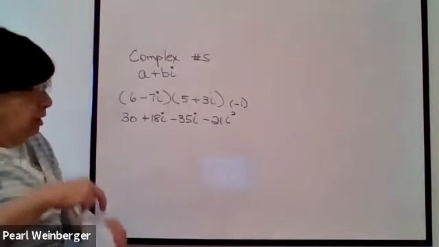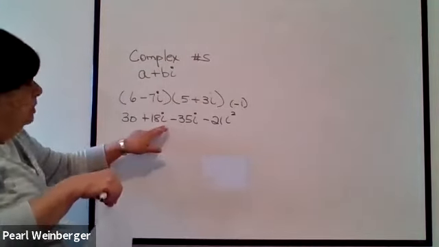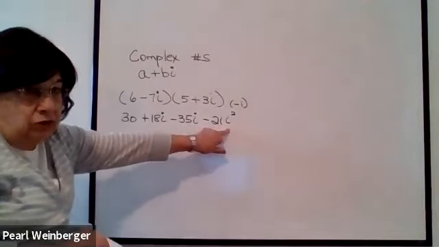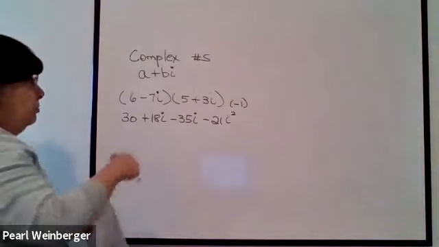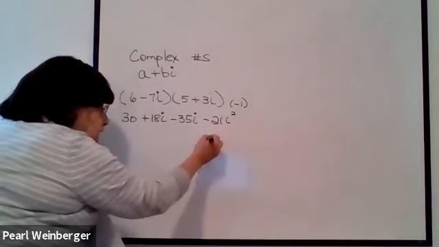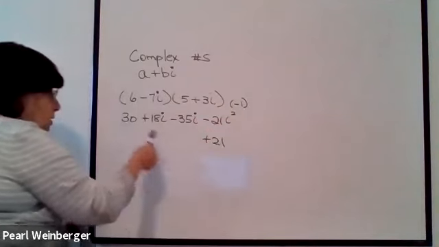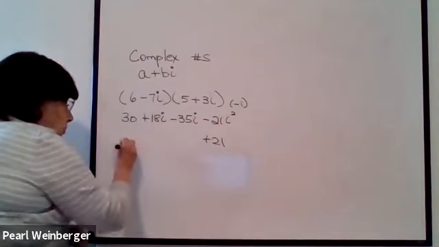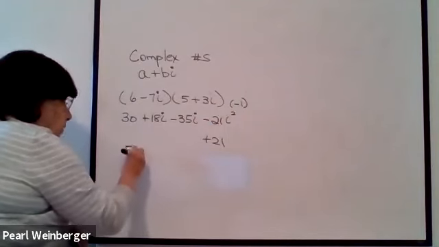We're going to leave the i's here because they're radicals. But i squared doesn't have any radical in it, it's just -1. So this actually becomes -21 times -1, which is +21. And I add the like terms, the 30 and the 21 is 51, that's the real part.